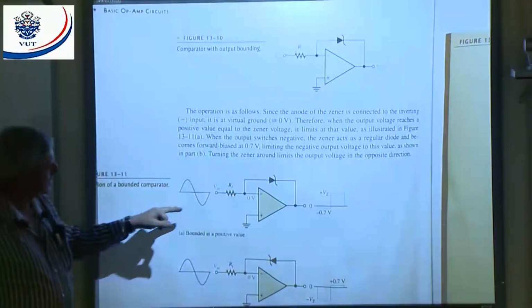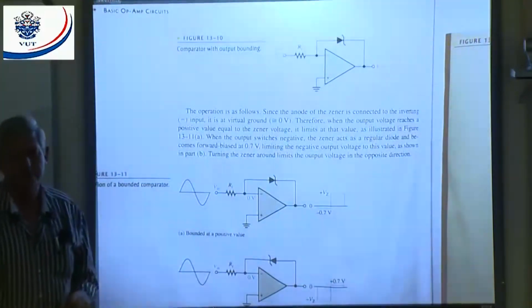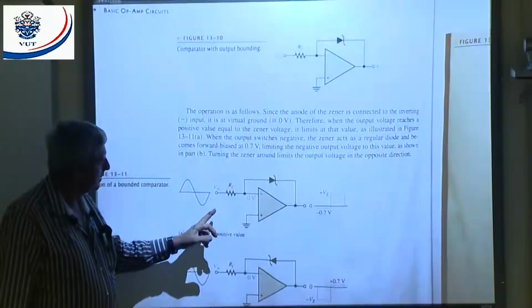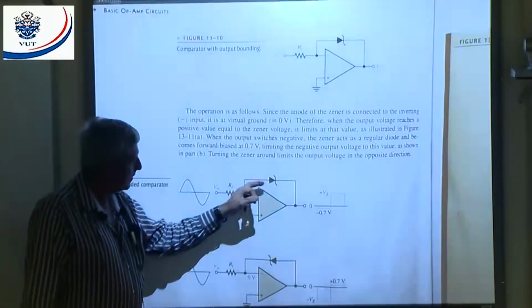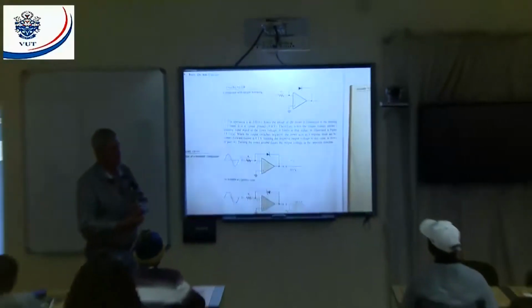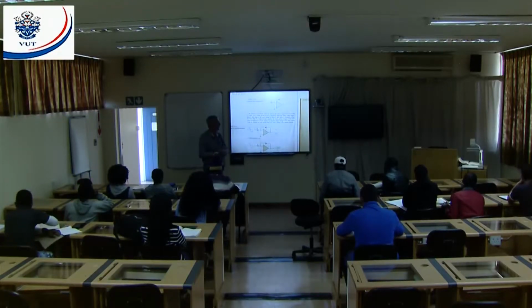I know the current's going to flow in that direction because current flows from positive to negative. When it's flowing in that direction, what can I say about the Zener diode? Is it forward biased or reverse biased? All right, it's forward biased.